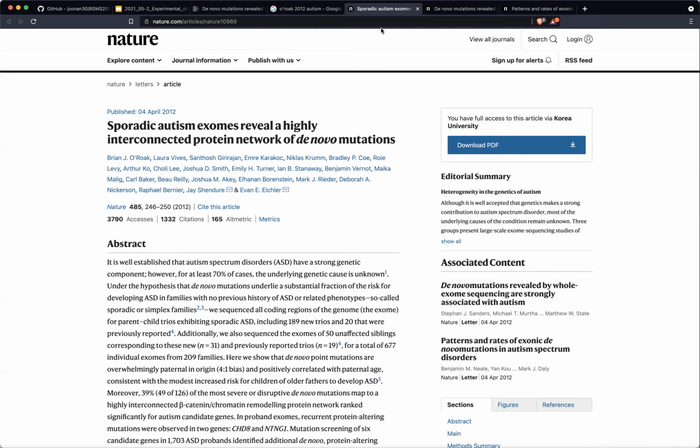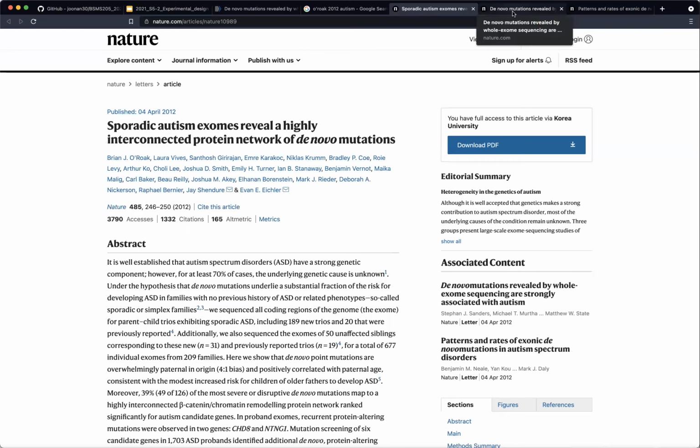So what people found in those days, as I mentioned, is that the de novo mutation and nonsense mutation are highly associated with autism patients. And surprisingly, not just one study found that result in Nature in April 2012. The three papers indicated the same result, and they came on the same day in the same journal.